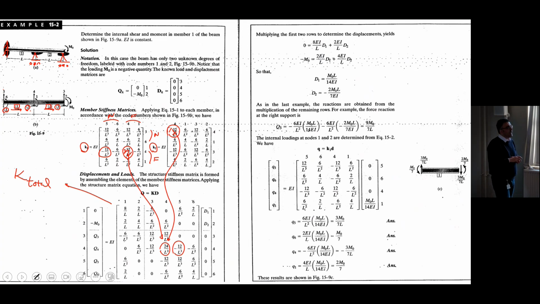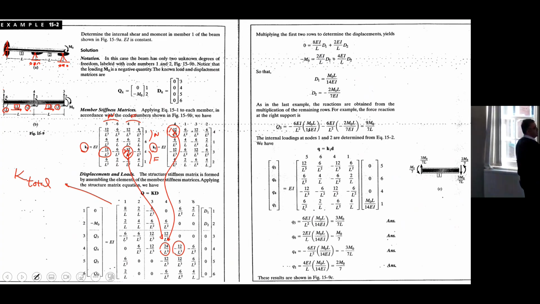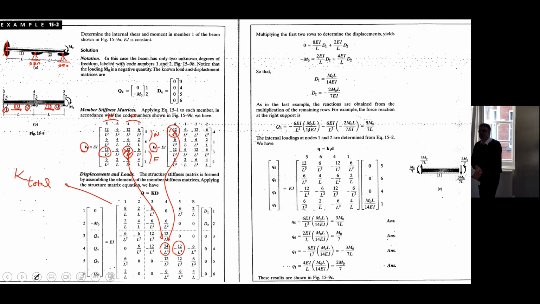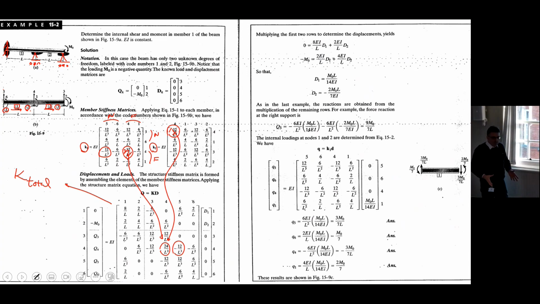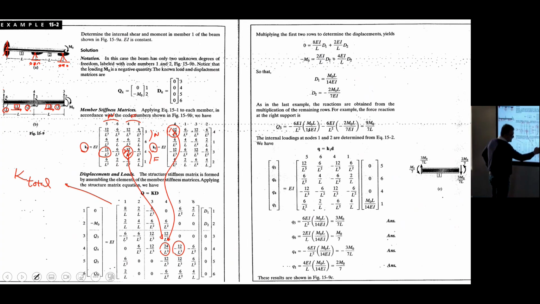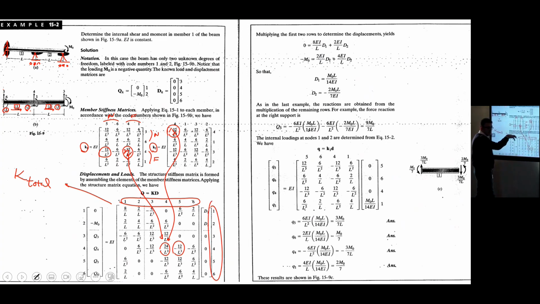Right? So again, you have 16 numbers here, 16 numbers here. If you place them in the right places, you will come up with the 6 by 6 stiffness matrix for the whole structure. When you write 6 by 6 full of 0, just write your hints as well, like this, just to be clear where you're putting numbers.